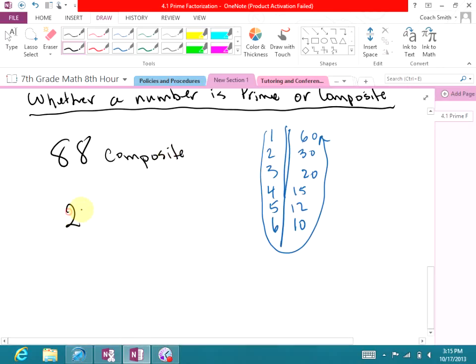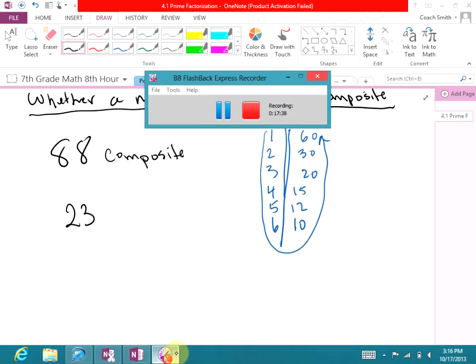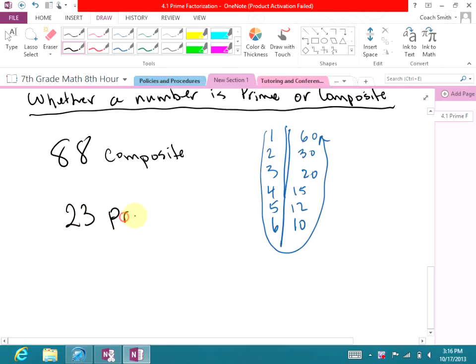If we look at 23, well, I know that 3 times 7 is 21. I know you can get to 22, and I know you can get to 24. 8 times 3 is 24, 6 times 4 is 24, 2 times 12 is 24. Obviously, those are not prime numbers. 23 is prime because it only has 2 factors, 1 and 23. So you just put prime.